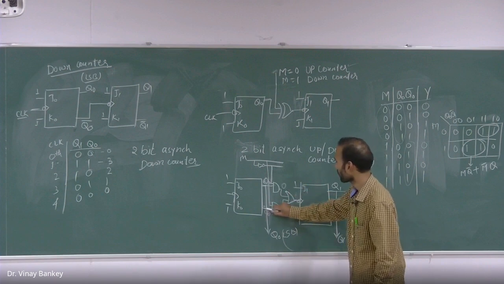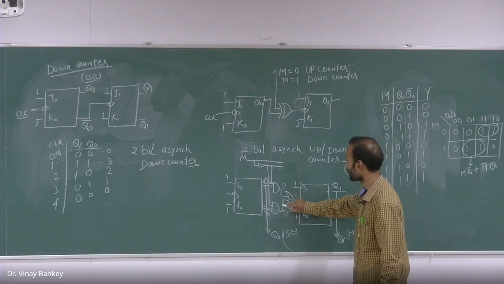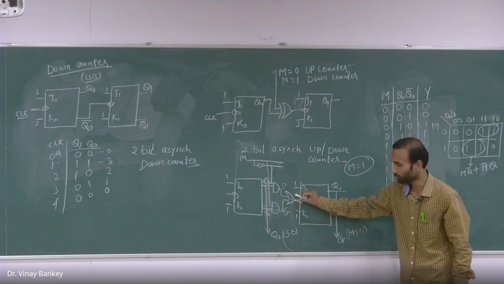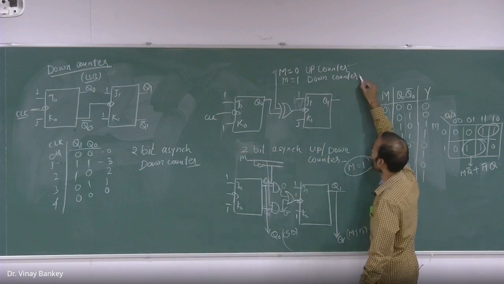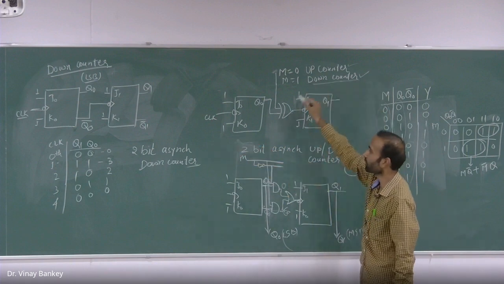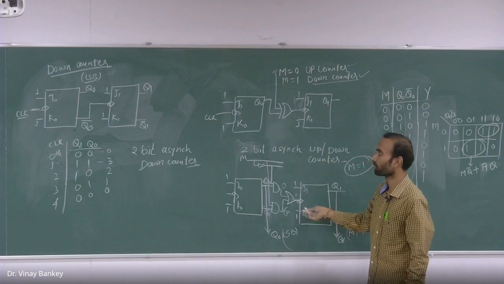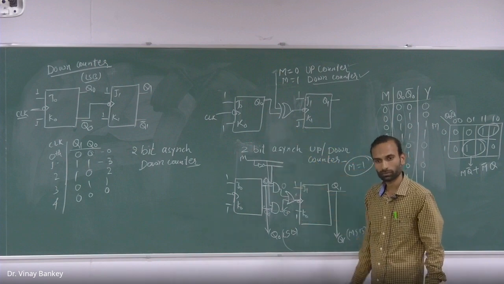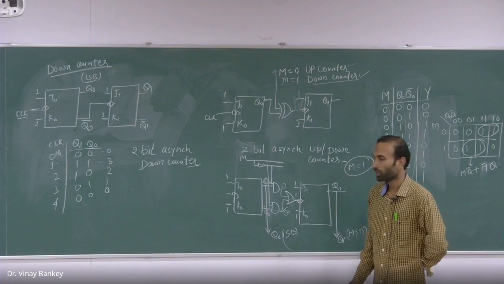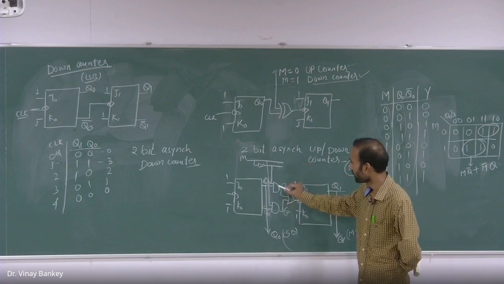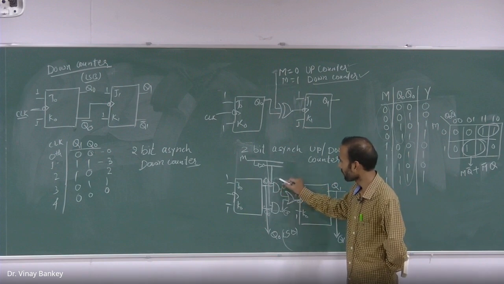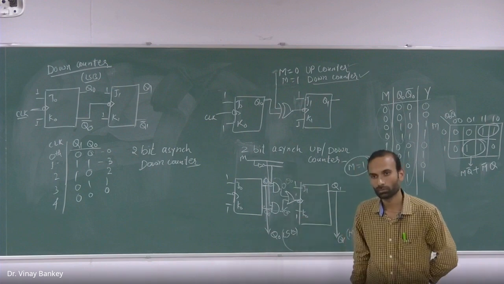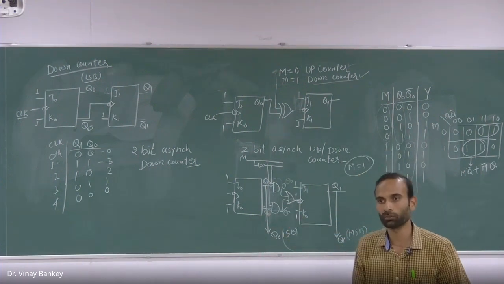So here we have Q0 bar. When M is equal to 1, it should count in this manner, that is, as a down counter. So we have fulfilled our purpose. And when you apply M equal to 0, this AND gate results in Q0, and here you have 0. So the Q0 will be connected to the clock pulse of the next flip-flop.